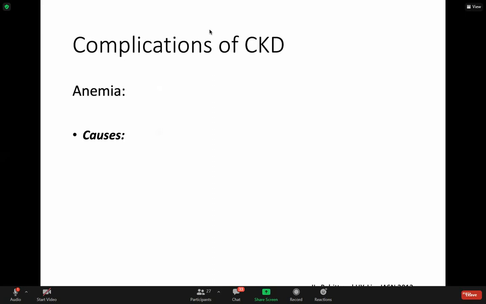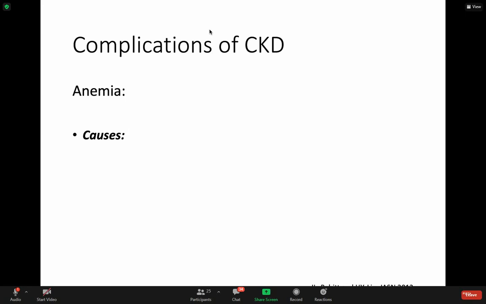Okay, why do I have erythropoietin deficiency? Erythropoietin is produced by the kidney, right? So if the kidney function is not good, you will not be able to produce this erythropoietin.